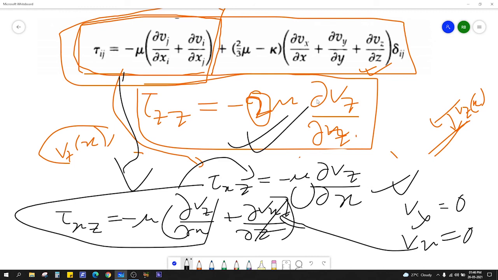But again this will also be 0 because the velocity vz did not depend upon the z direction, it only depends upon the perpendicular direction x. Anyway, I wanted to tell you how this 2 came. Okay, hope you have understood it. Okay, thank you.